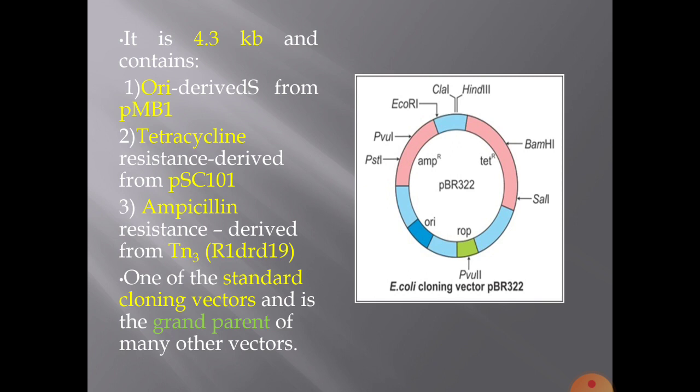On the other hand, in the ampicillin resistance gene there are sites for ScaI, PstI, and next to that you have the SspI region, the HindIII region, in between you have the EcoRI target site, and then below the tetracycline resistance gene you have the PvuII site, and adjacent to that you have the ORI of replication. So this is how pBR322 looks.